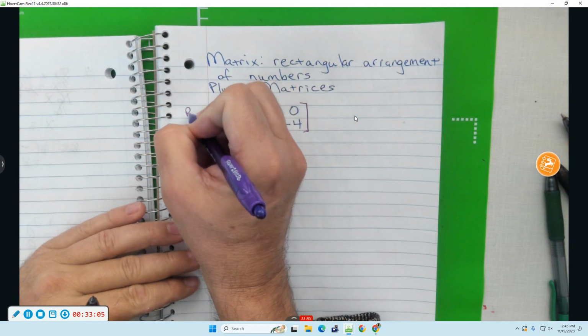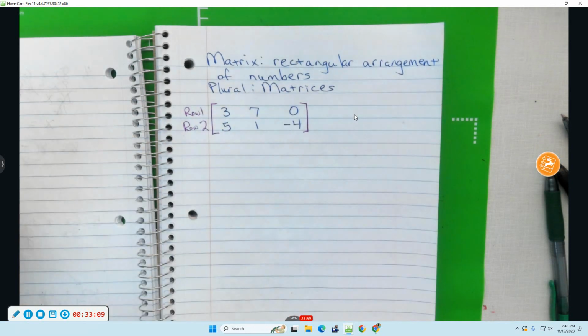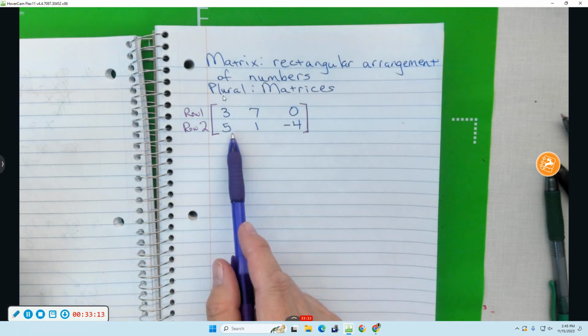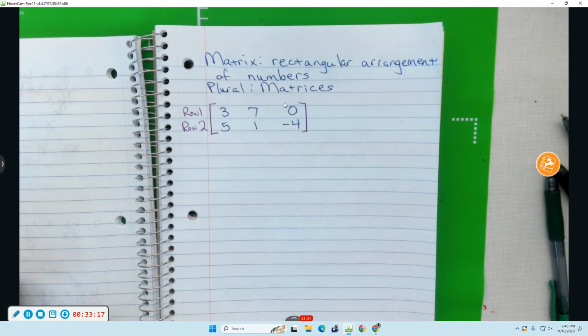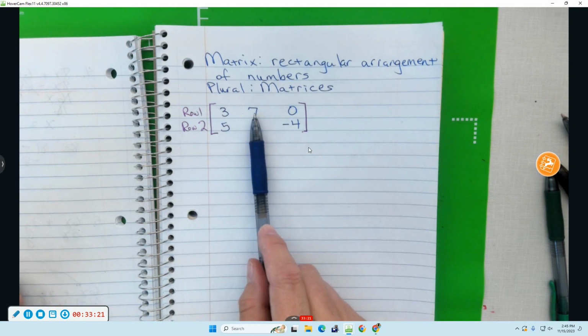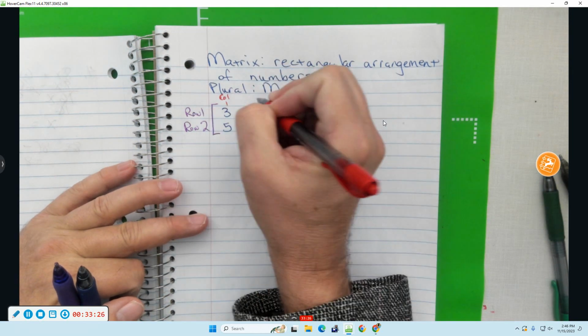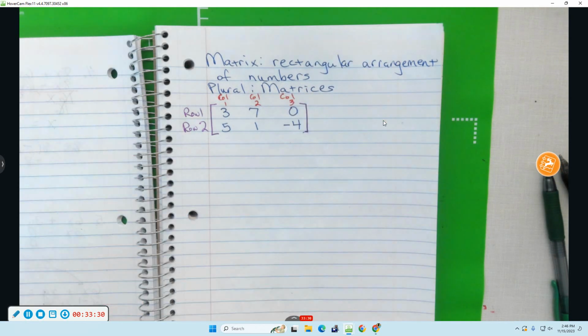This is row 1, and this is row 2. The vertical alignments are called columns. How many columns do we have here? 3. Column 1, column 2, and column 3.